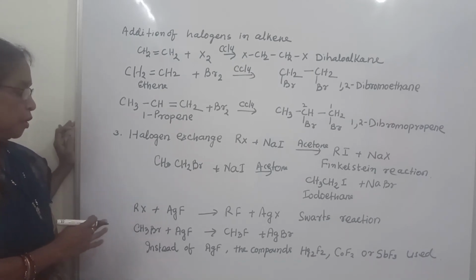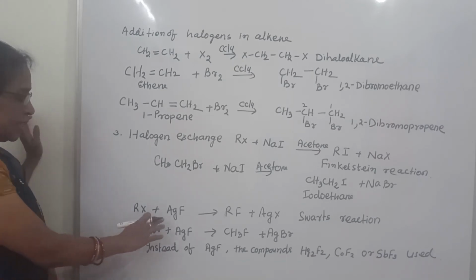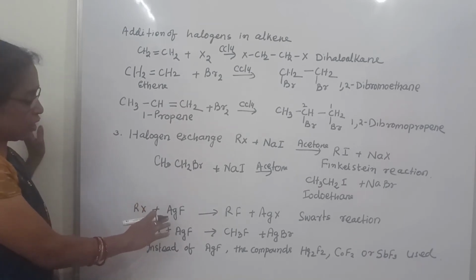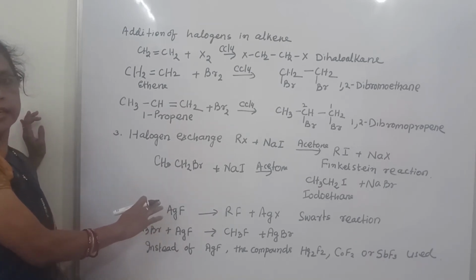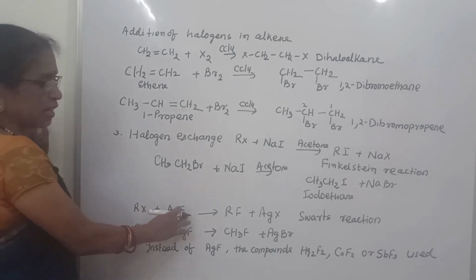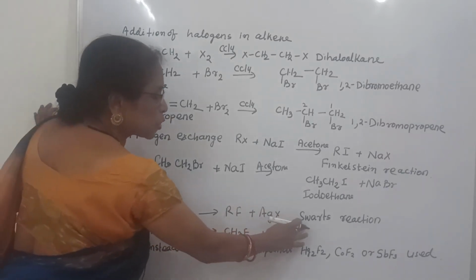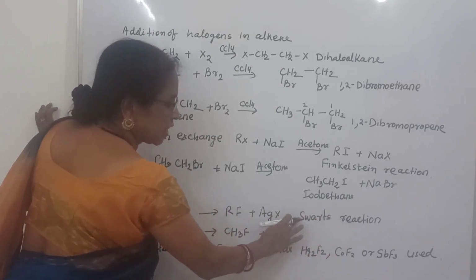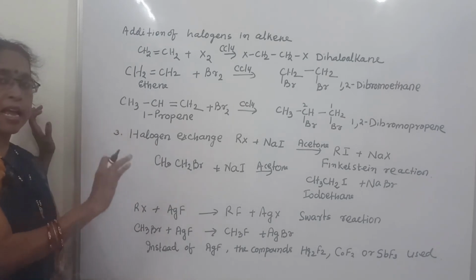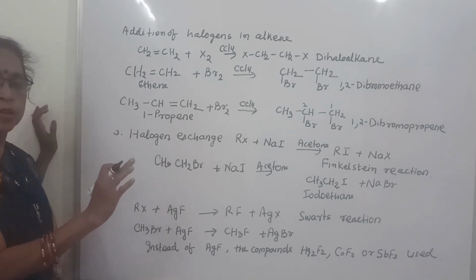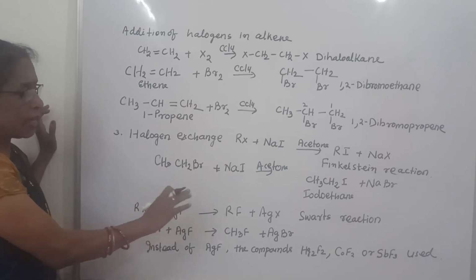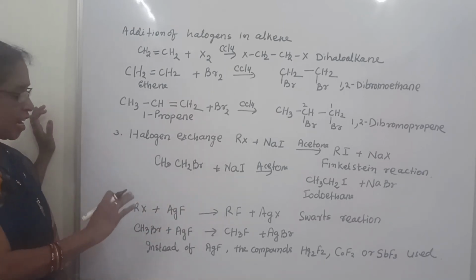Here also you can remember it like this. This is silver fluoride, which starts with S, and Swarts also starts with S. So you can remember: S starts and also S, that means silver fluoride, and the scientist name Swarts reaction.